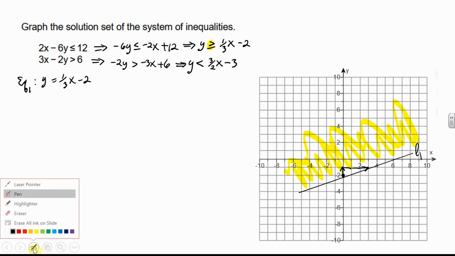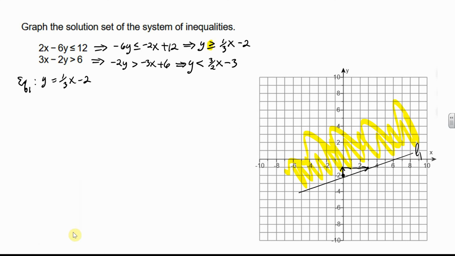So let's pick a different color to graph this guy. Equation 2 is y equal to 3 over 2x minus 3. So here for negative 3, that's the y-intercept. So I go down to negative 3 on the y-axis.